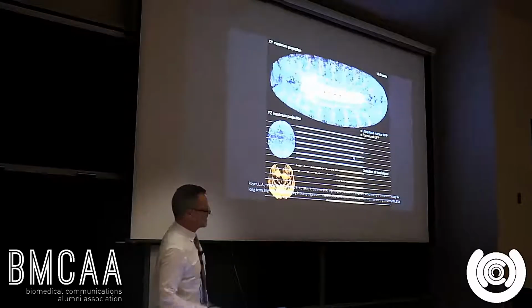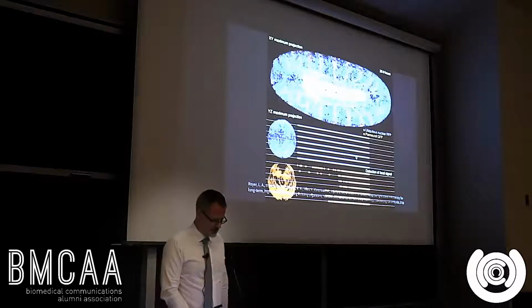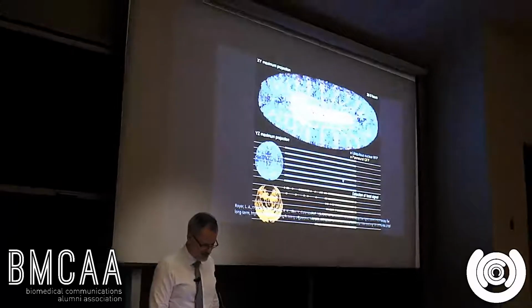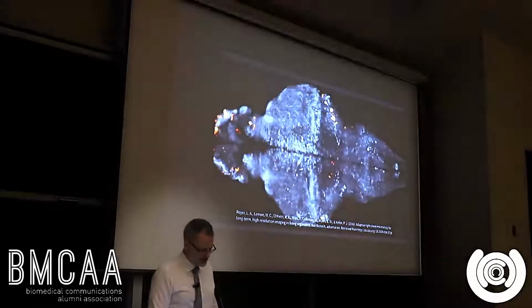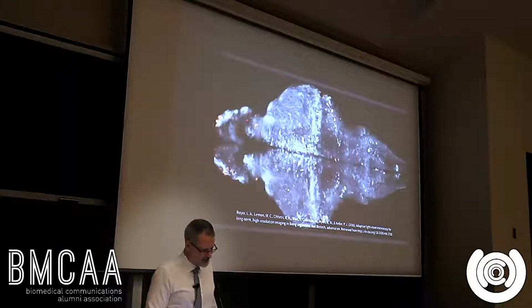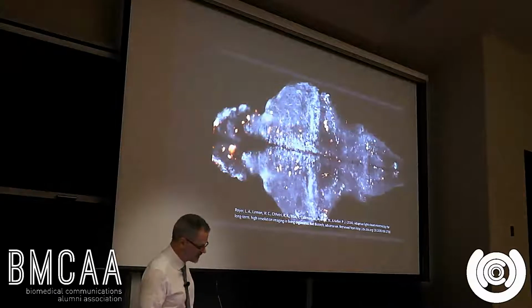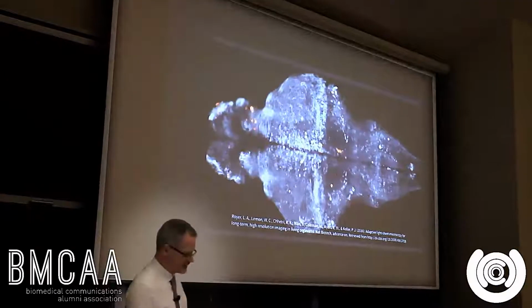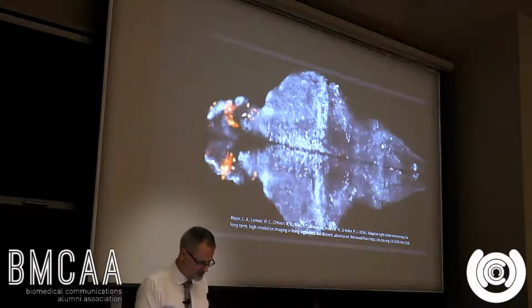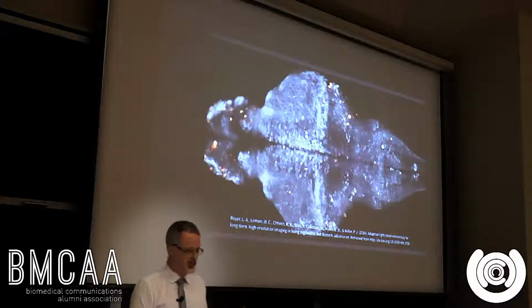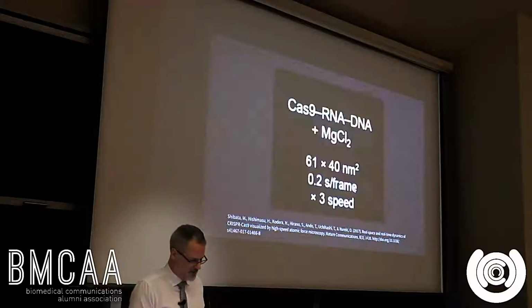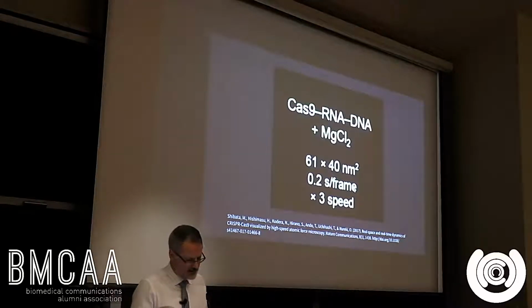It's also amazing that you can track the migration of individual cells with this imaging. This is an example of a zebrafish brain and the brain activity being read in real time, and it's very cool.